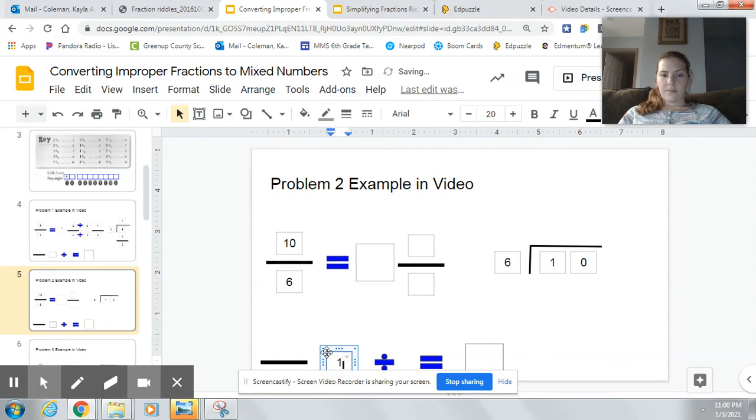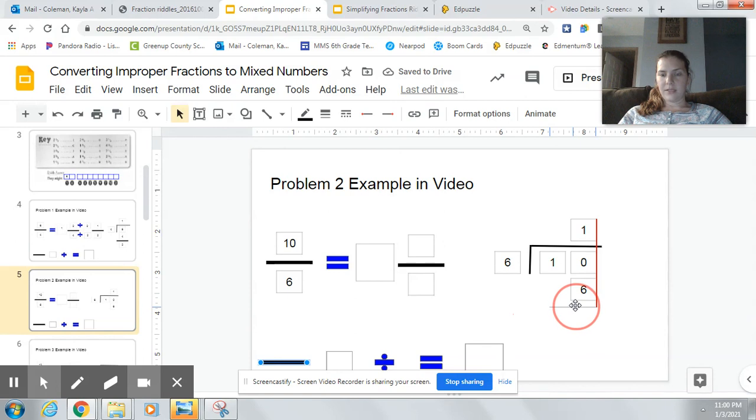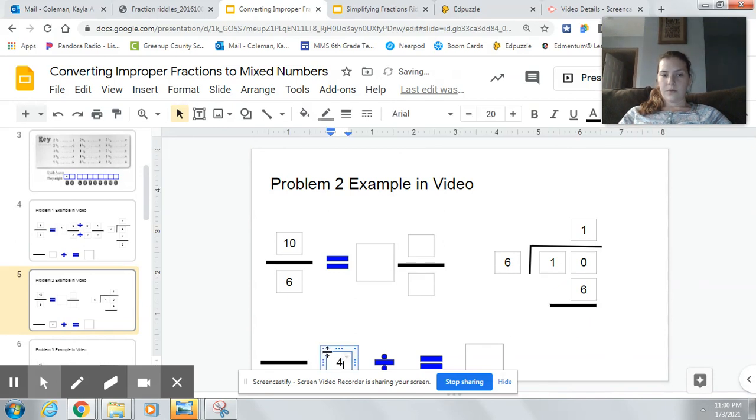1 time. 1 goes above the 0 in 10. 1 times 6 is 6. We're going to subtract 10 minus 6. We're going to get 4.